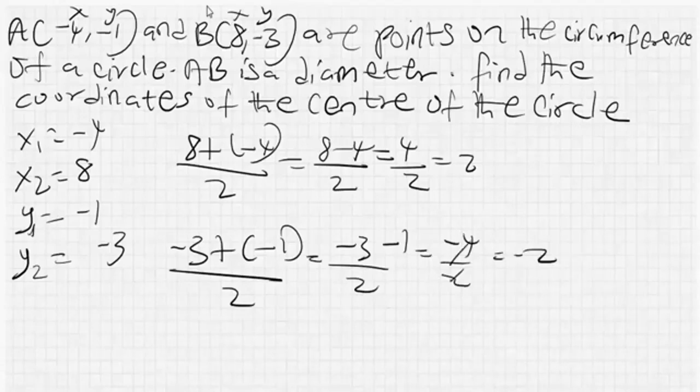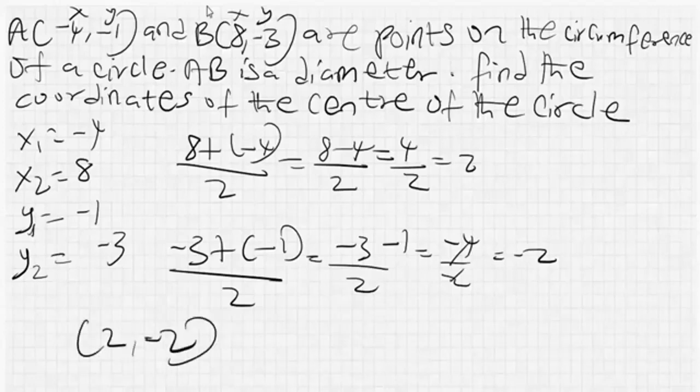So that means the midpoint of the coordinates for the center of the circle will be 2 and -2 respectively. Okay, hope you learned something interesting from this video, how to use coordinates to get the midpoints and use it to sketch a straight line graph.